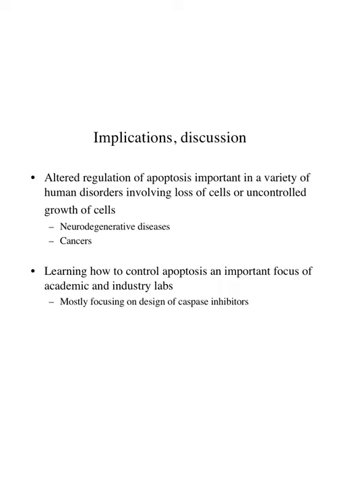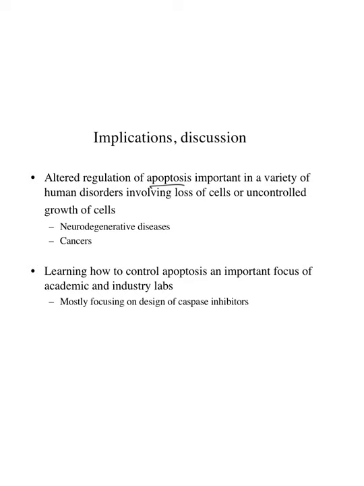Okay, so implications and discussion, just a little bit here on this. Remember that understanding apoptosis is important for a variety of reasons. First of all, just from a basic science perspective, understanding how structures are sculpted during development, understanding how neurons projecting into a target, their number is matched to the size of the target.